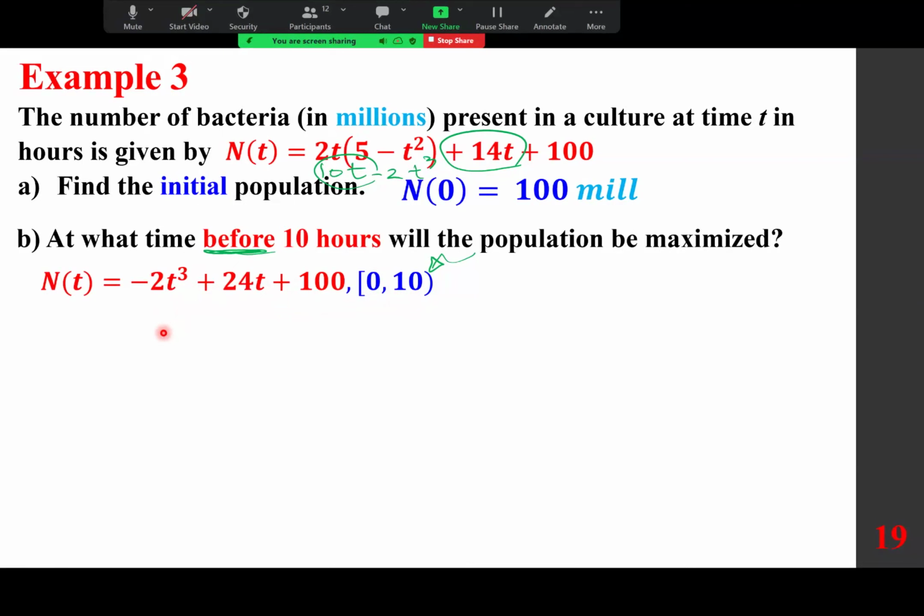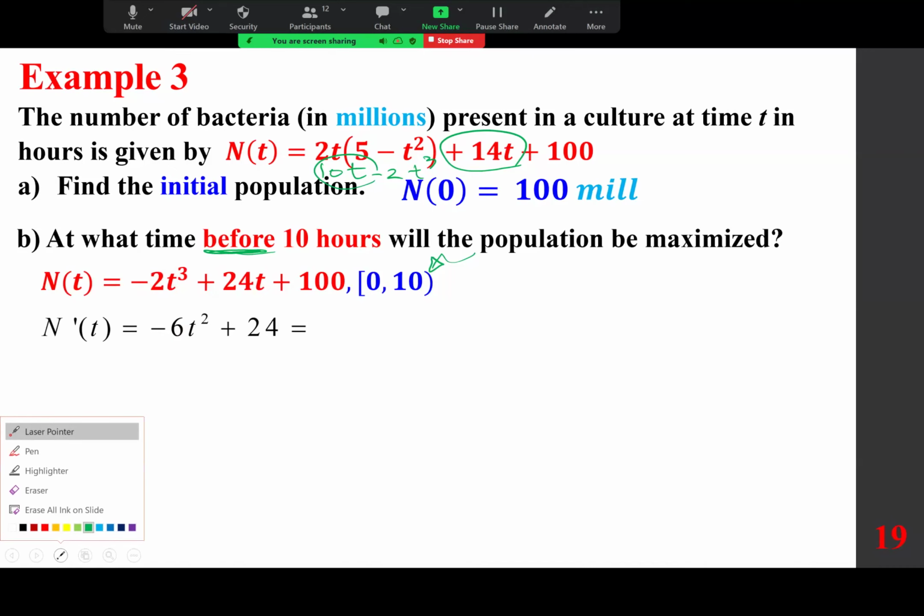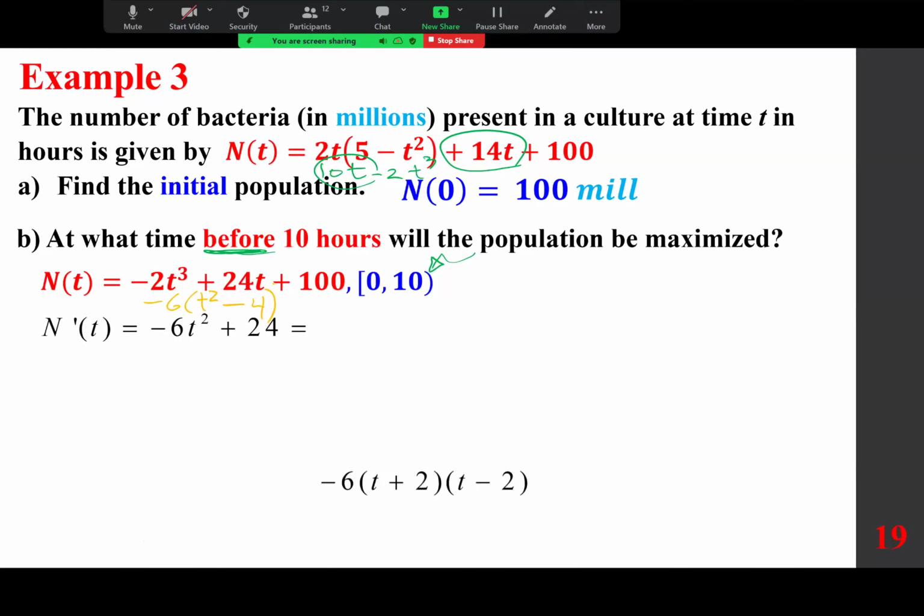So n prime is minus 6t squared plus 24. Because I want to set this equal to 0, I'm going to factor out the negative 6, which is negative 6 times (t plus 2)(t minus 2).